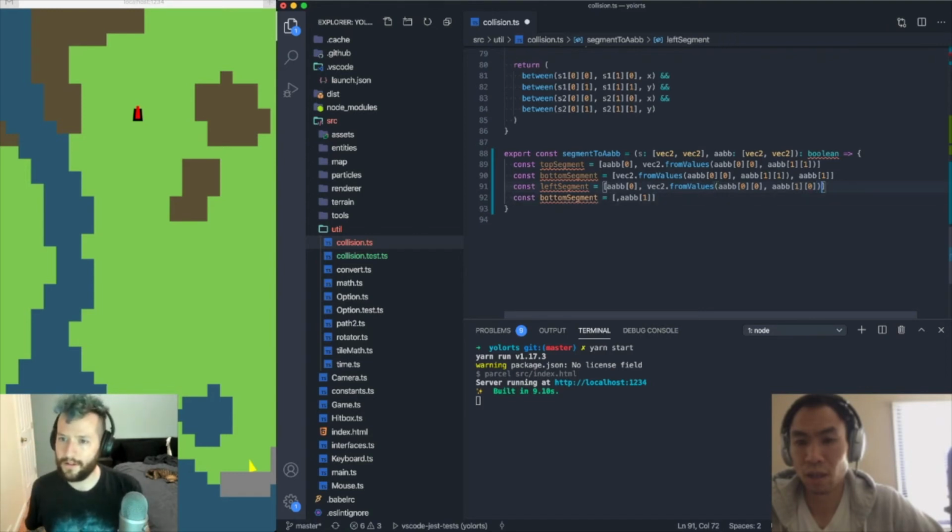The left, but that's the y coordinate, right? Crap. Yep. But then top and left are the exact same value now. Top should be AABB01 as the last expression. It should be 0, 0. Yep. Okay.